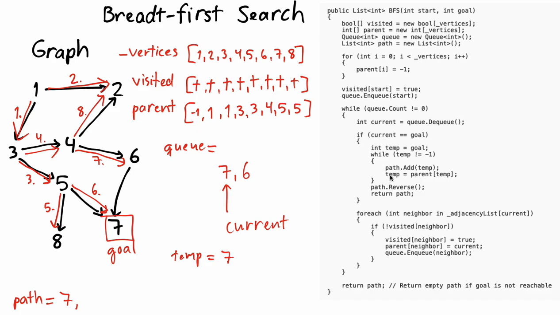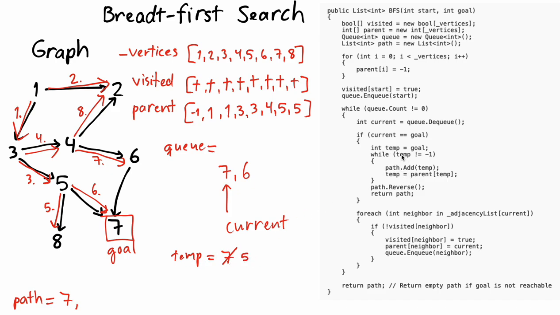Then the new temp value is the parent of that temp value. So 7's parent is 5. We set 5 here. We remove this one and set the new value for that temp.